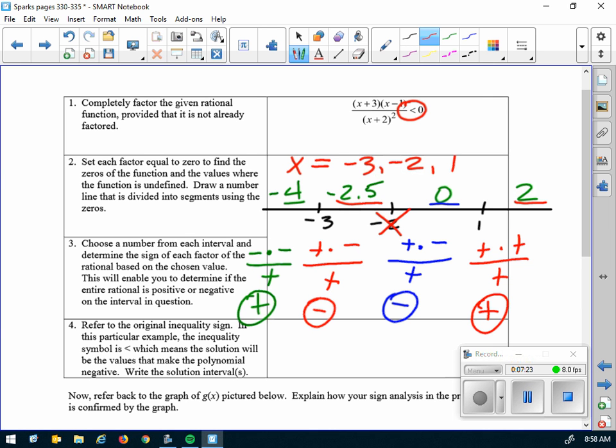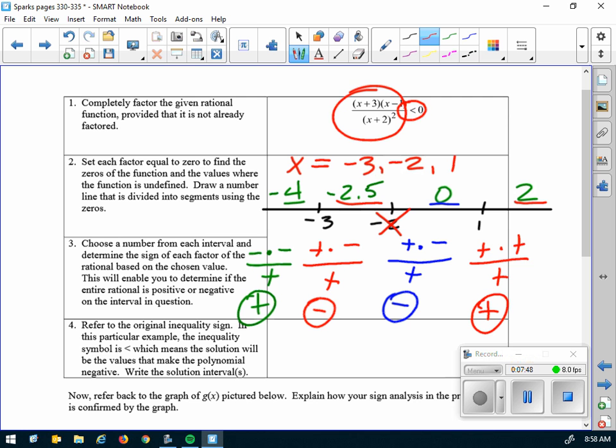Now, x equal -3 might be an answer because when x is -3, what is this thing? 0. When x is 1, what is that thing? So those are included if it's less than or equal to or greater than or equal to.